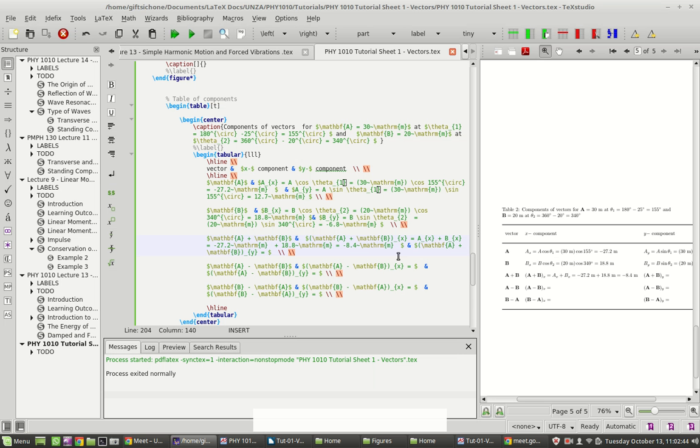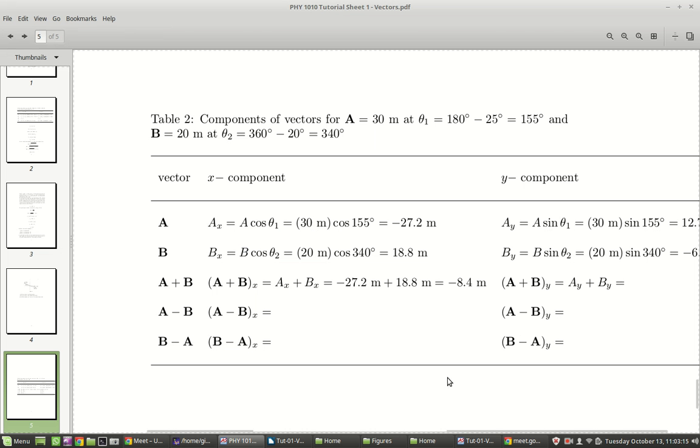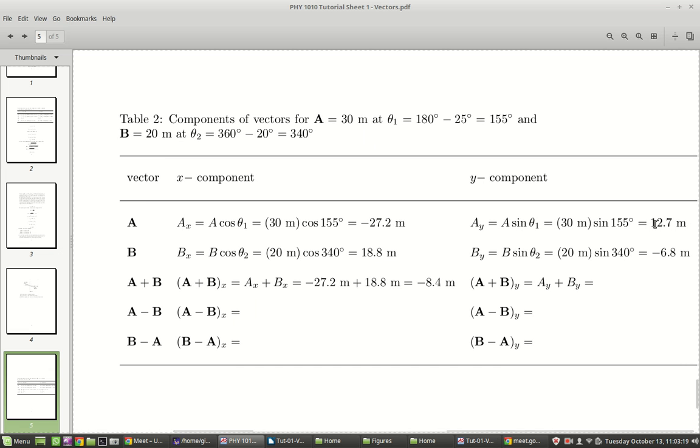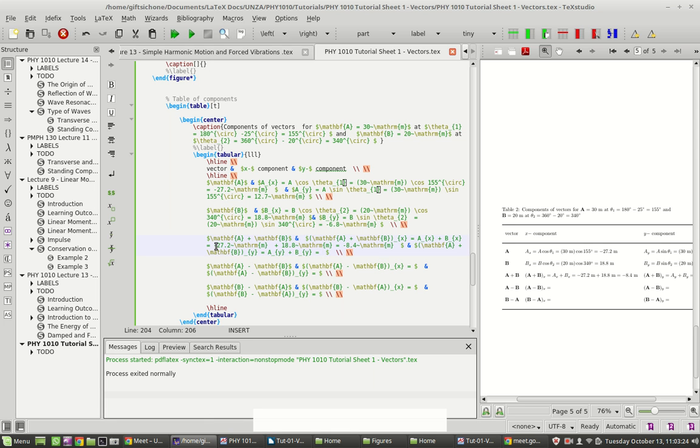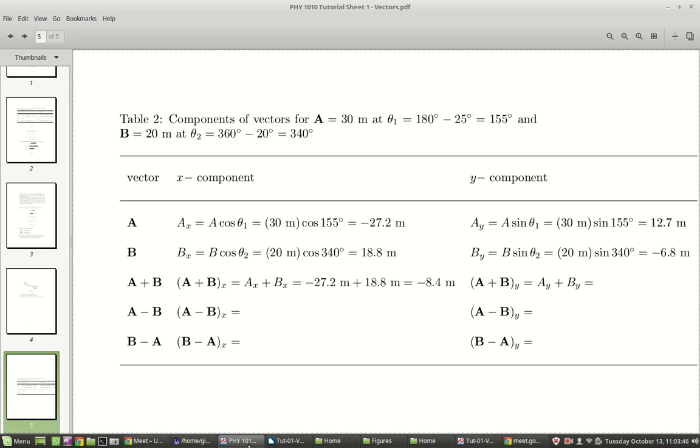Similarly, on the y bit, we do the same thing. The y component of a plus b is going to be ay plus by. We know ay is 12.7.